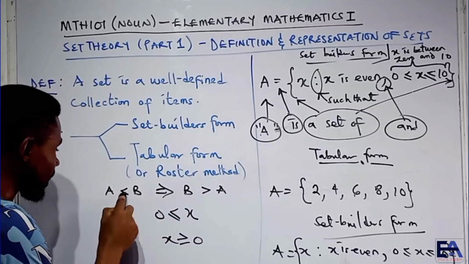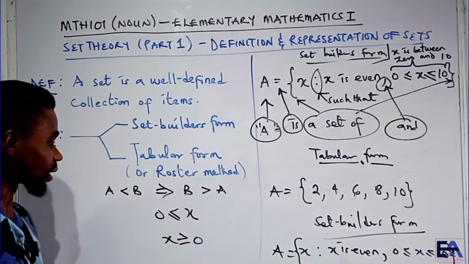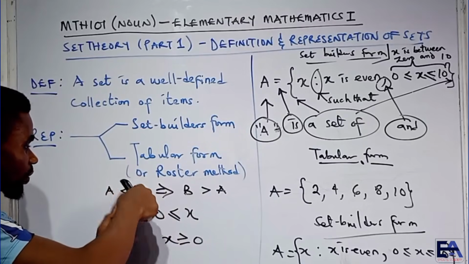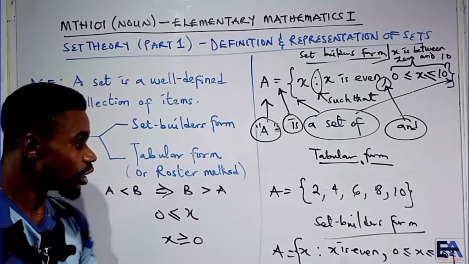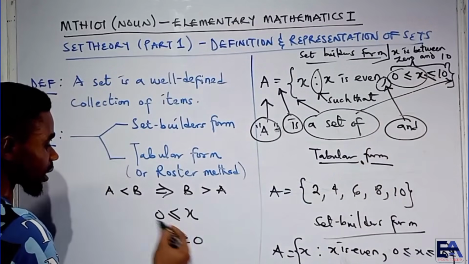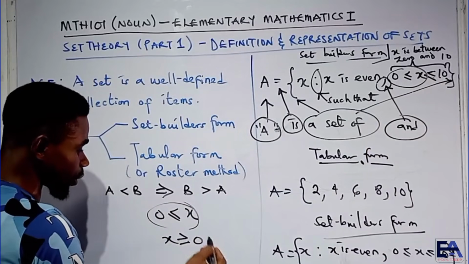So if A was less than B, it means B is greater than A. Do you understand now? The moment you put one of the terms the other way around, the direction of the inequality will also change. So if you say that 0 is less than or equal to X, it means when we switch it, X is greater than or equal to 0.